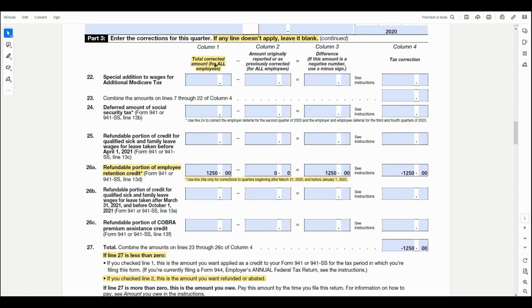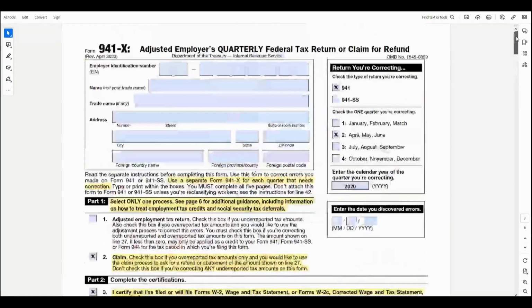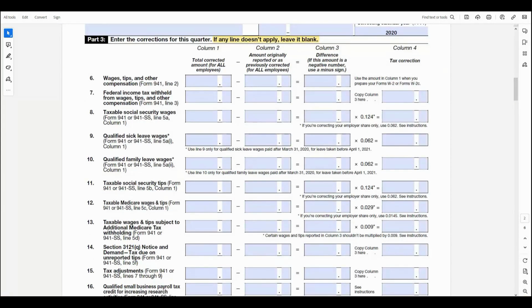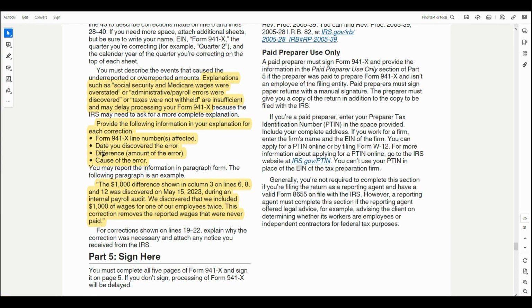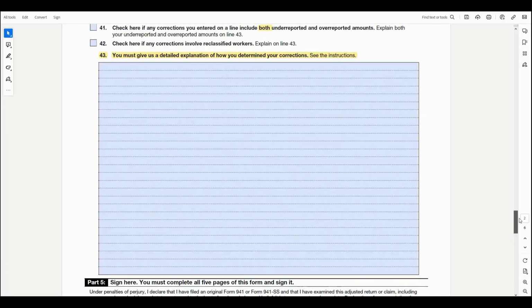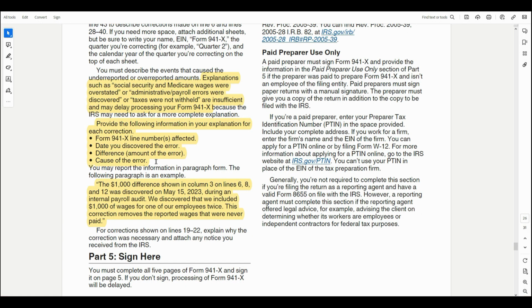Again, you would go to page 1 at the top and reference this date, and say, "I was doing this and I found this mistake." Then the difference, the amount of the error, and the cause of the error. Those 4 items you want to address in your explanation down here, so make sure at the very least you mention them.